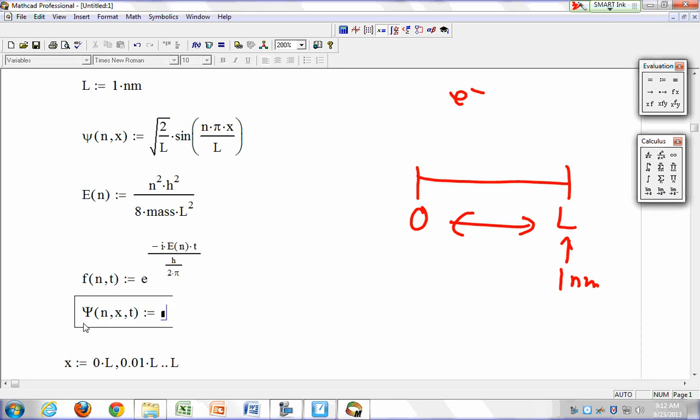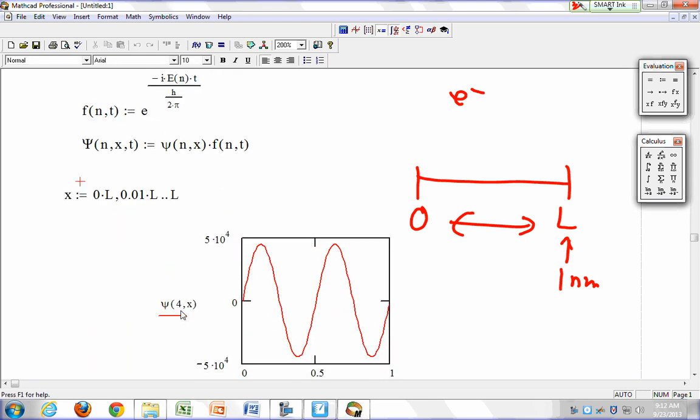So this is equal to the part that depends on x, which is little psi of x, the part that depends on coordinates, times the part that depends on time, which is F of t. So let me plot that one instead.